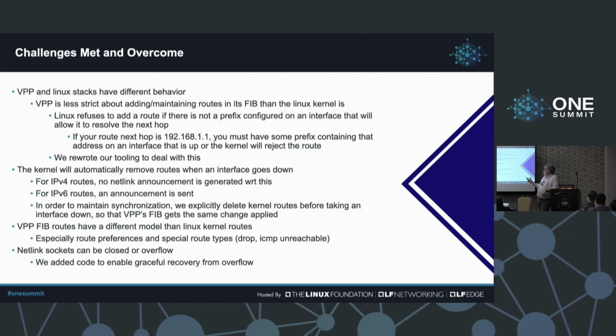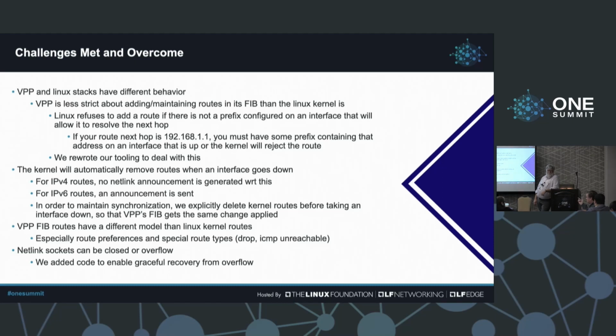VPP FIB special route types, drop routes, that kind of thing, are very different than they are in Linux, so I don't think we even implement those. We implement them, but in VPP you can have different paths that are part of the same route using one of those special types like drop or unreachable.